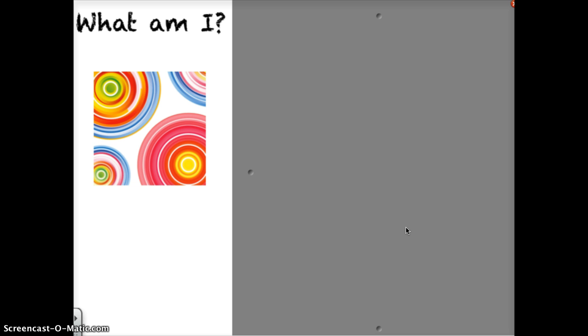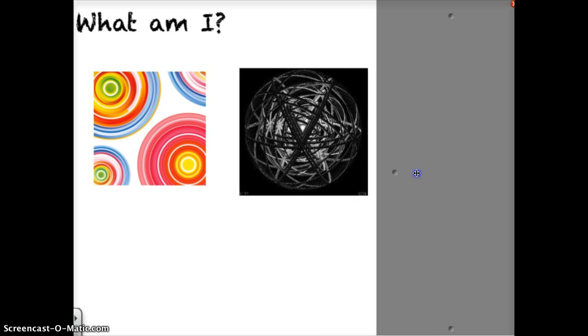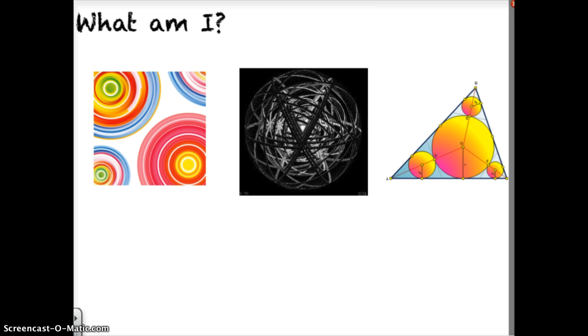Applying one of the definitions that we've just learned, see if you can figure out which one of those applies to these shapes. How about this shape? Finally, how about this shape? What would best describe these three images? Three different vocabulary words, possibly?